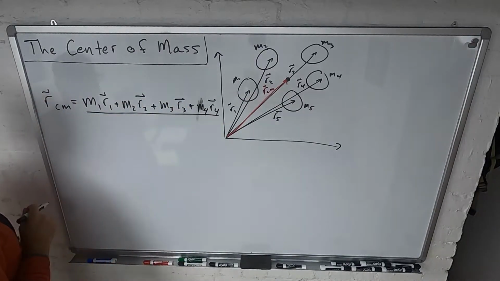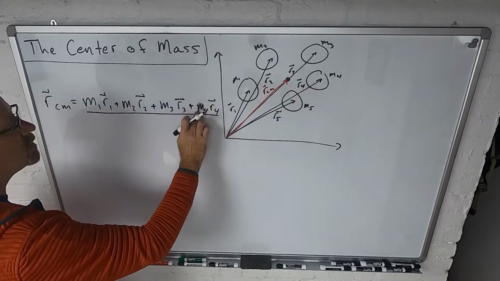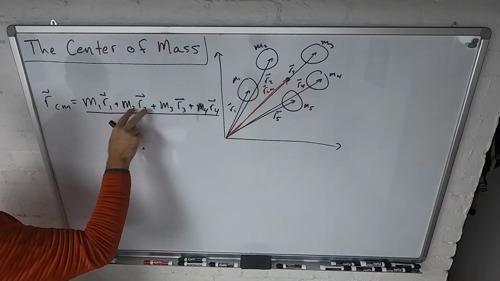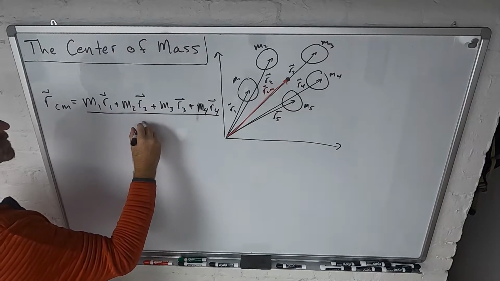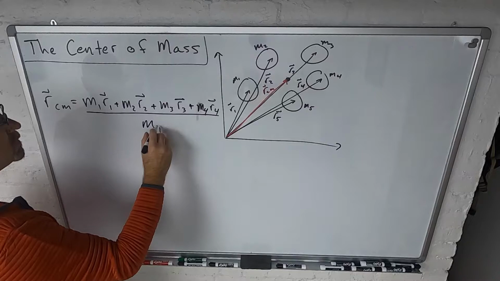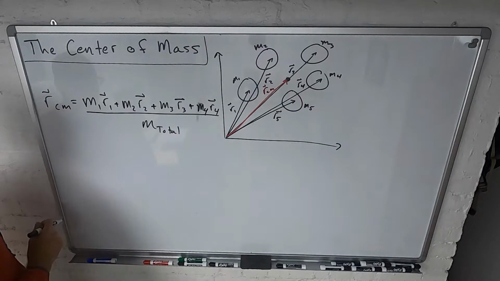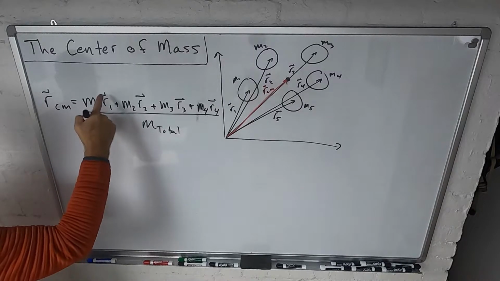I'm ignoring R5 for a moment. And what I have to divide this by to get the dimensions correct, I have masses times positions, and I'm going to take this over M total. What I want is a position vector, and so again, this is the weighted sum average.